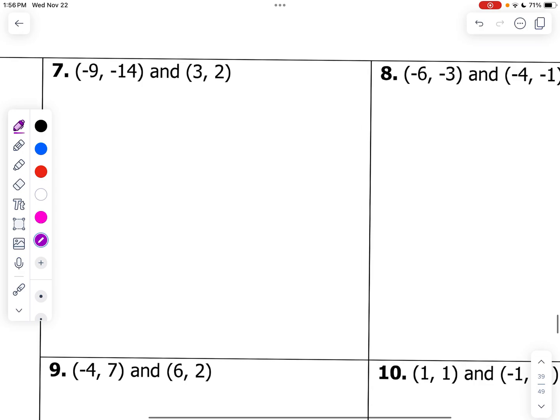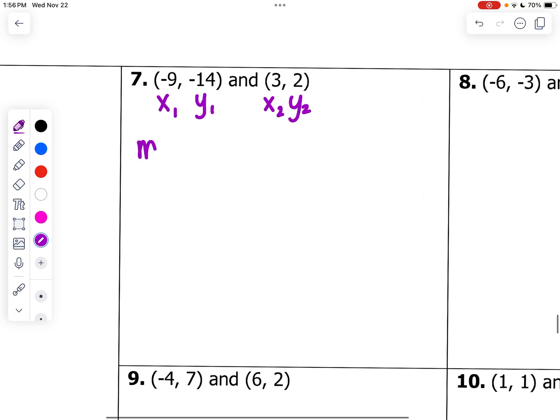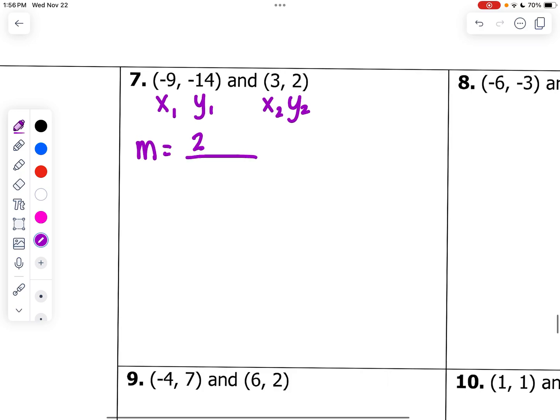Okay. So this is x, y, x, y. The first point, the second point. Then we're going to plug it into our slope. y2 minus y1. y2 is 2 minus y1. y1 is negative 14.